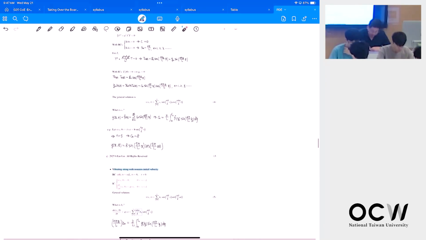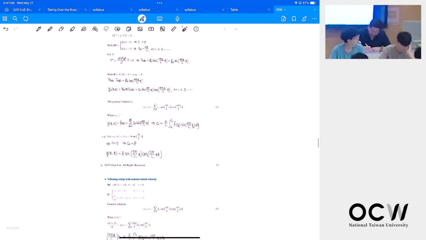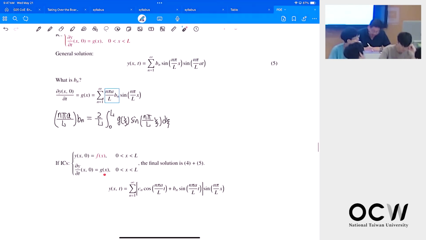So now let's see, here we have zero initial velocity and non-zero initial velocity. We can also combine these two, because at t equals 0, we have a function, and here we have 0. So if I have non-zero initial velocity and also non-zero displacement at time equals 0, what is the answer?